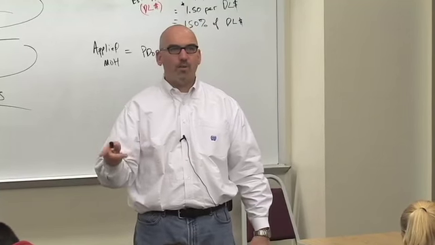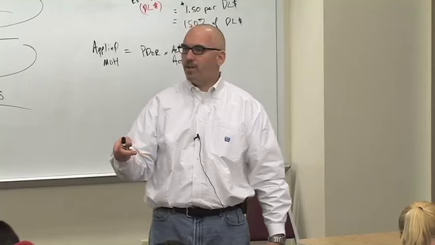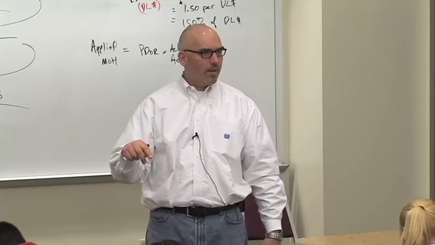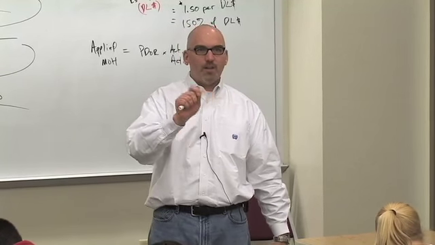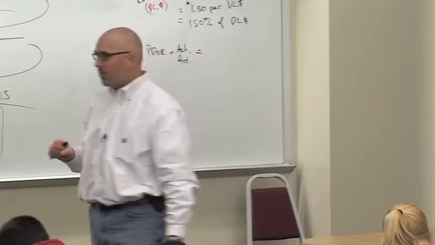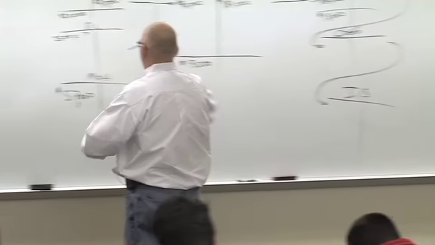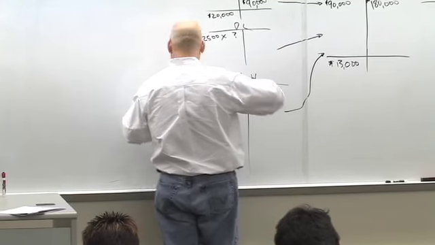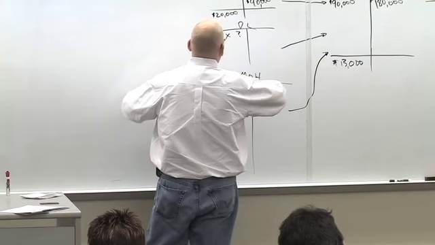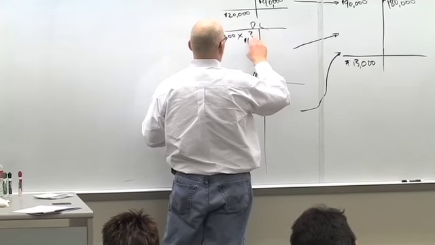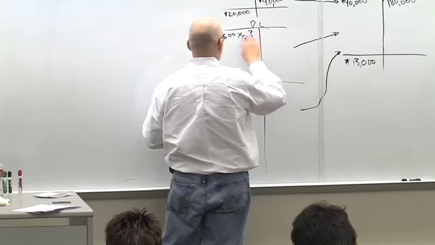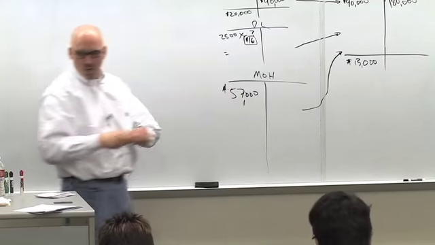And how many hours did they work? 125. What's the rate per hour? 16. You all might want to make a note to yourself. Make sure you know where the 16 came from, because we're going to multiply that 2,500 times $16.